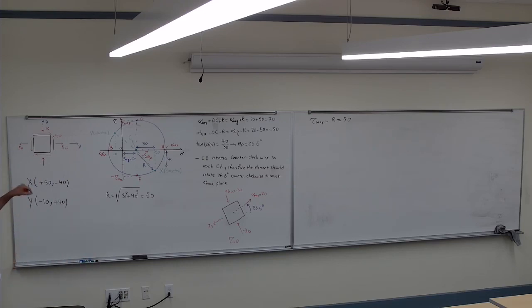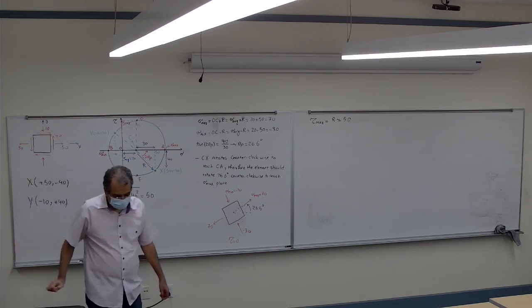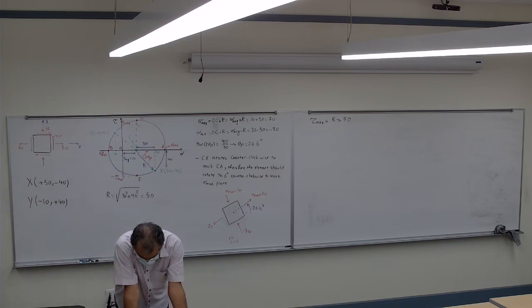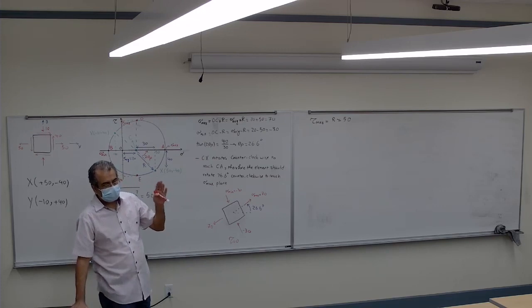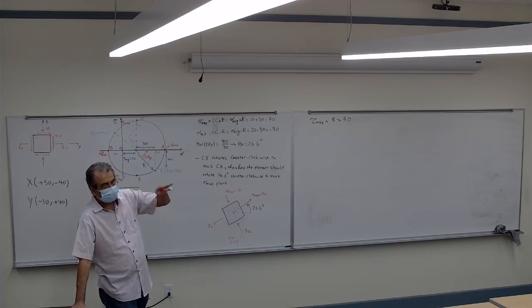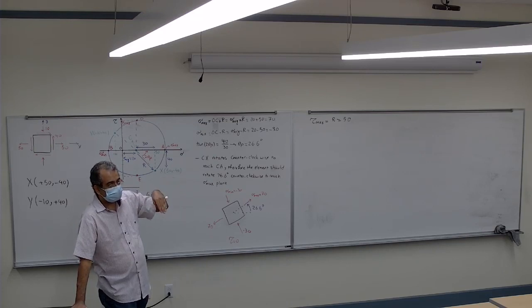First of all, what's the theta s or 2 theta s? Remember that 2 theta p is from where I am to maximum sigma. 2 theta s was from where I am to maximum tau.